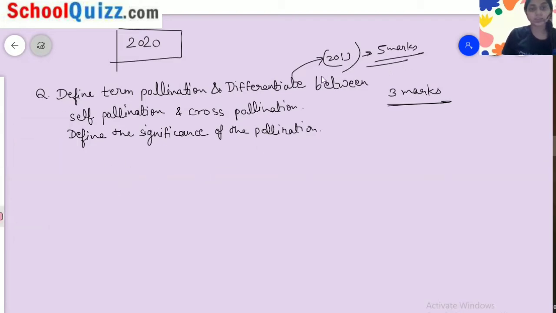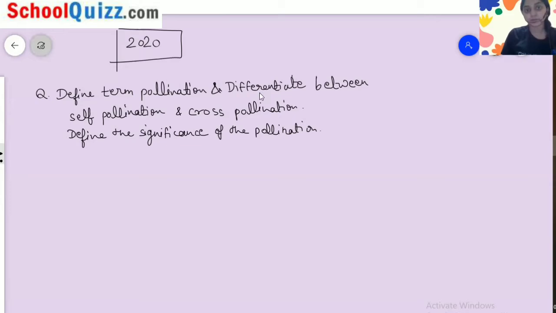Here you can see there is not only one question, there are 3 questions in this one question. Firstly you have to define the term pollination, then differentiate between self pollination and cross pollination, then describe the significance of pollination.